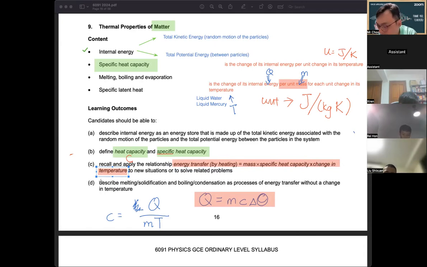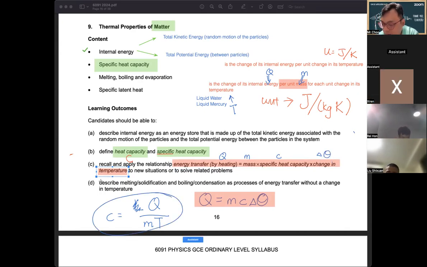Are you clear about this? This will be Q, this is M, this is C, this is change in theta. And it all comes from this formula here. The T itself, I use change in theta. It's the same thing. So are you all with me? Are you okay with this?